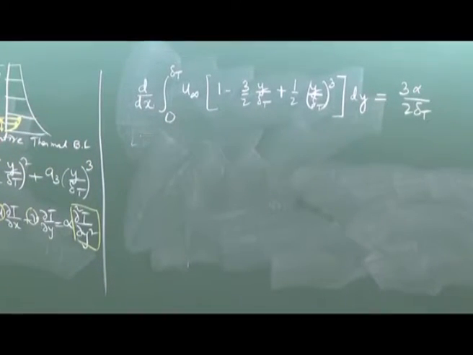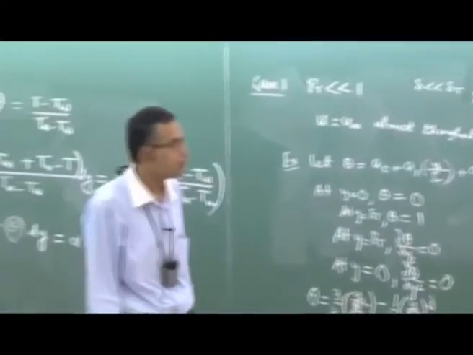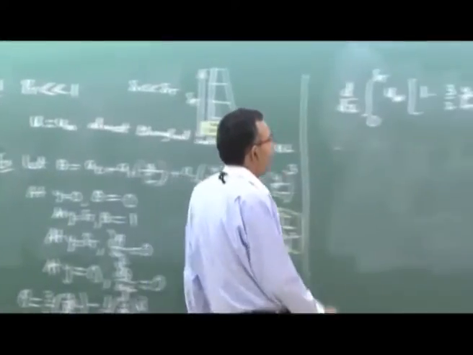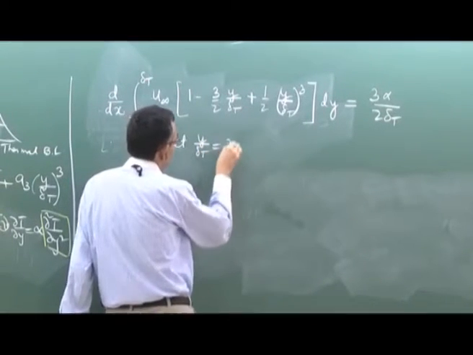Okay. So we have substituted the temperature profile in the energy integral equation. Then let us assume y by delta t is equal to eta.